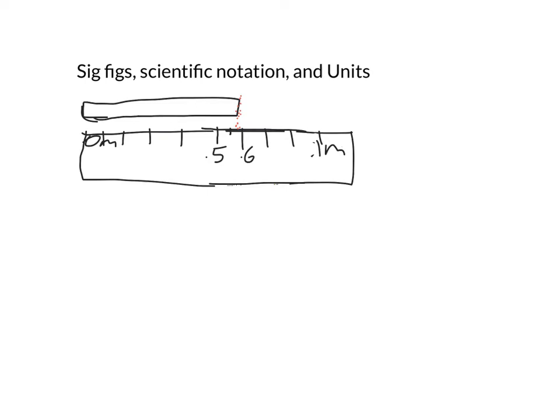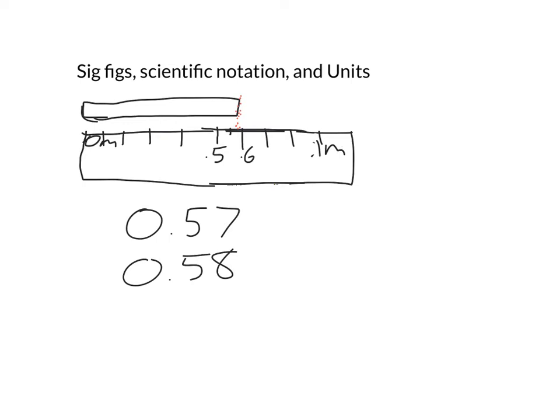And it might be halfway between that and the 0.6 mark. So if that halfway point is 0.55, it's somewhere between 0.55 and 0.60. So I'm going to go ahead and say that that measurement is like 0.57. If you disagree with me, and you're welcome to, as long as you say it's somewhere in there, you could say 0.58. That's fine. You could say 0.59 if you really want.